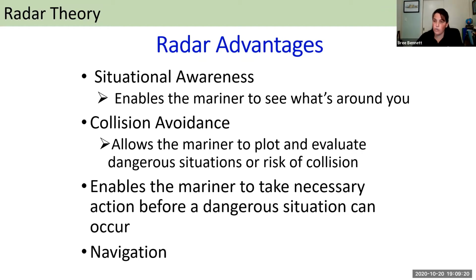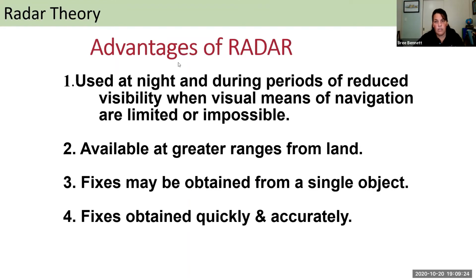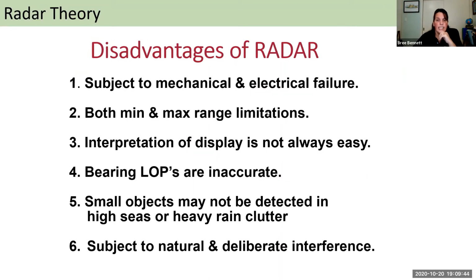So it's a great tool for navigation. Again, we could use it at night or in reduced visibility. It's very hard to tell those distances at night. Fixes obtained from a single object. Okay, we talked about that.